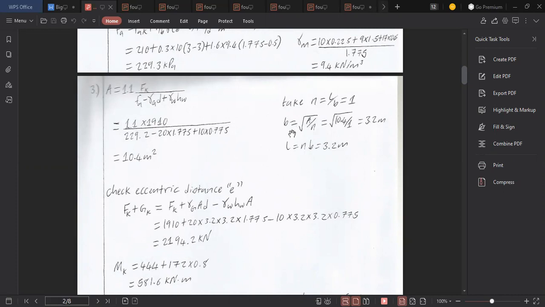So the formula for finding B becomes the square root of the area divided by that ratio, which in our case is 1. So the square root value you found is your B, and then L equals B. But if you use the square formula, the answer you find is directly your B and your L.